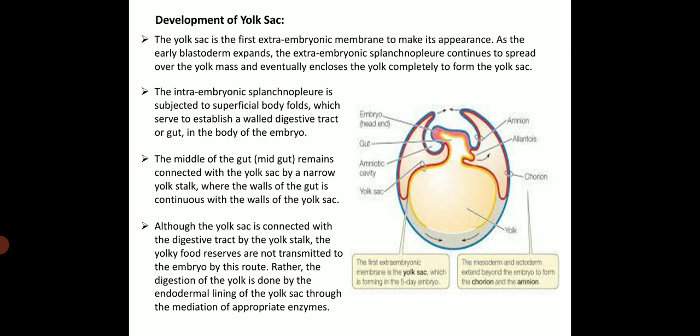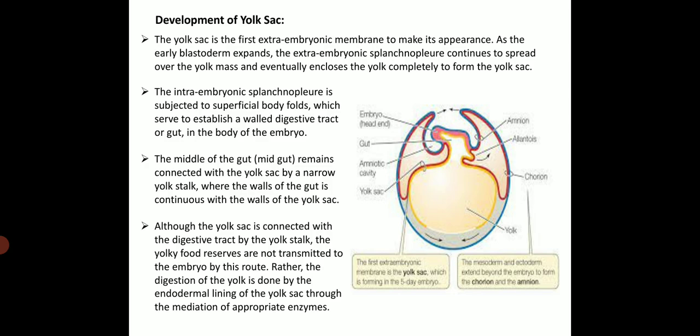yolk sac. The intra-embryonic splanchnopleure is subjected to the superficial body folds, which serve to establish a walled digestive tract, or you can call it the gut, in the body of the embryo. The middle of the gut, which we call the midgut, remains connected with the yolk sac by a narrow stalk, which we call the yolk stalk, where the walls of the gut are continuous with the walls of the yolk sac.